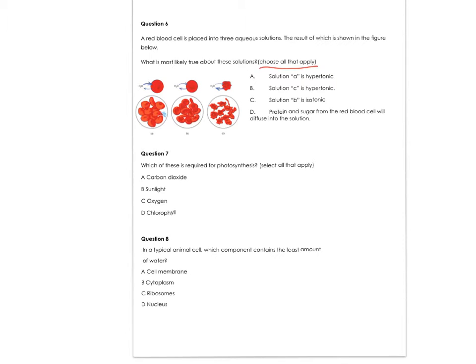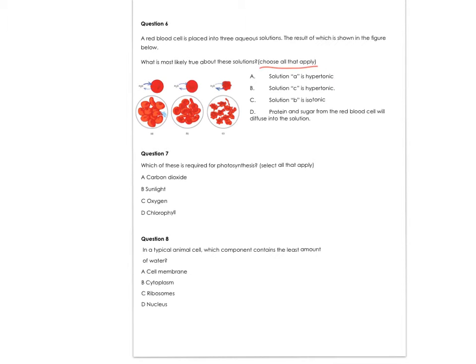So in A, where is the concentration of solute the greatest, if what I just said is true? In the solution that it's in or inside the cell? Well, hopefully you say inside the cell. So that makes the solution the cell's in here in A hypotonic.